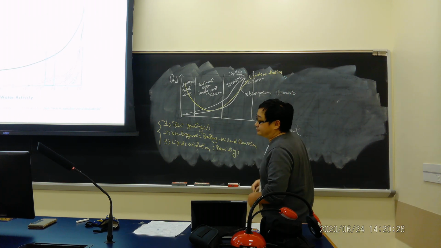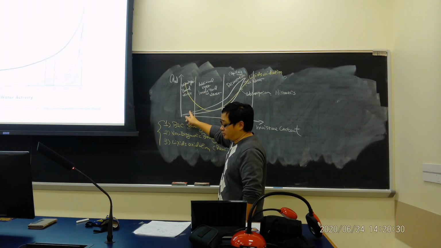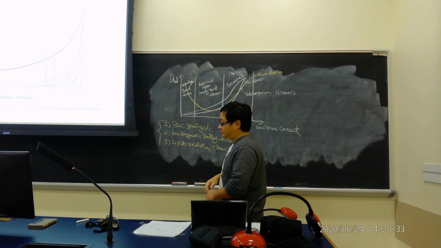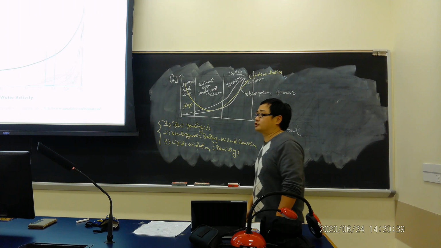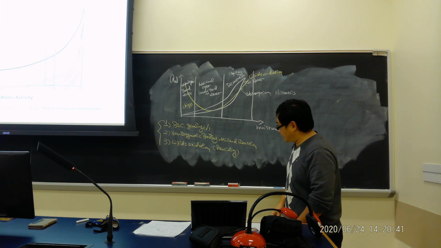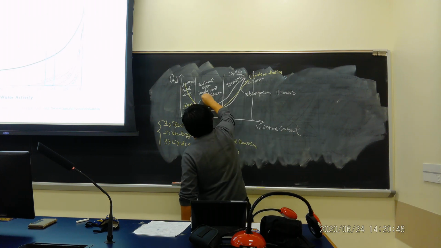Okay, what that means? Which means any of the food products which is low moisture, low water activity, let's say chips, we care about lipids oxidation. Okay? Second curve, kind of like that.